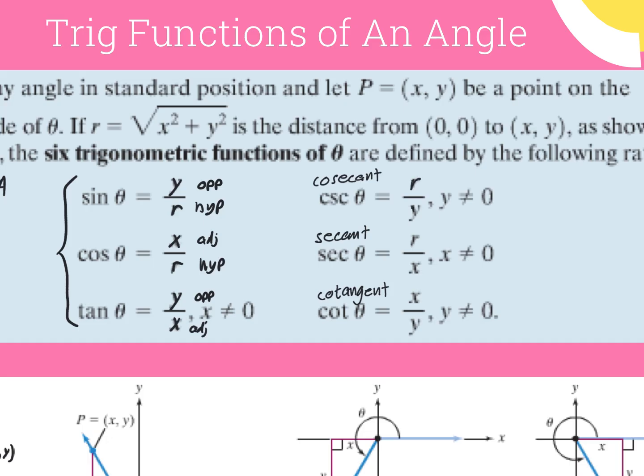Cosecant is r over y, which is the reciprocal of sine, so sine and cosecant go hand in hand. Same with secant and cosine: cosine is x over r, and secant is r over x. You just take the two numbers and flip them. And cotangent and tangent go together: cotangent is x over y, and tangent is y over x. Again, you just flip the two numbers.